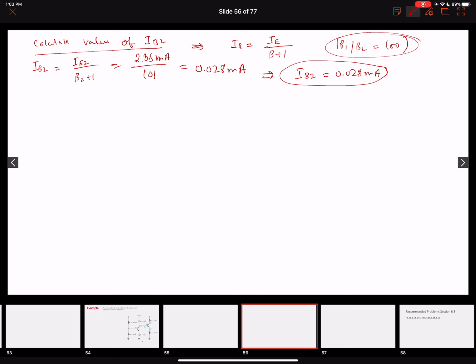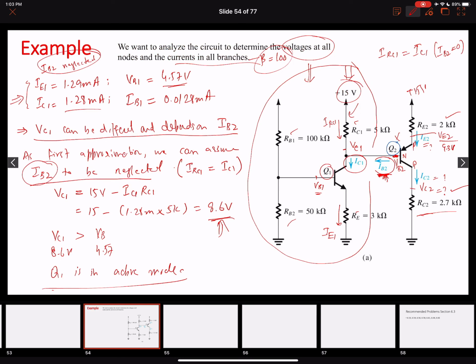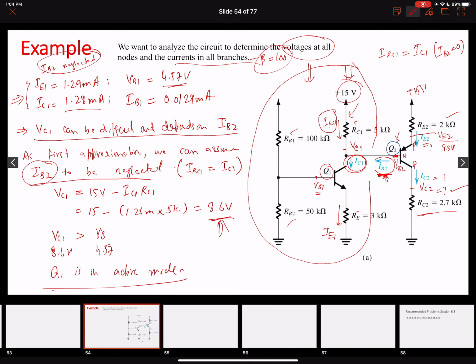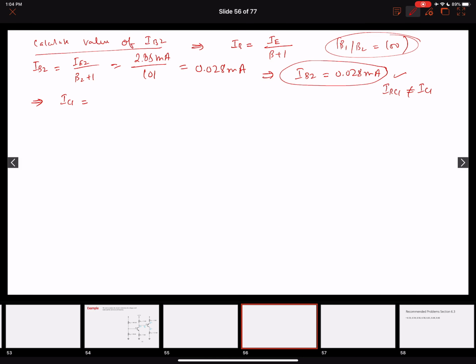Once we find the new value of IB2, and now we are not neglecting this value, this means that our IRC1 and IC1 are not equal. So our IRC1 is not equal to IC1. Going back to the circuit again, our IC1 should be a summation of IRC1 plus IB2.